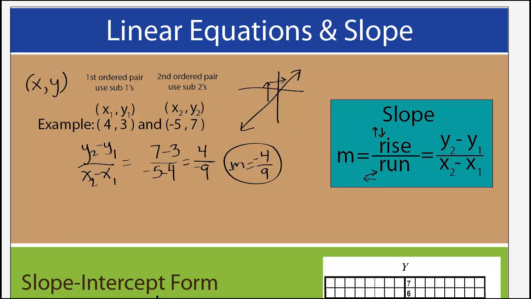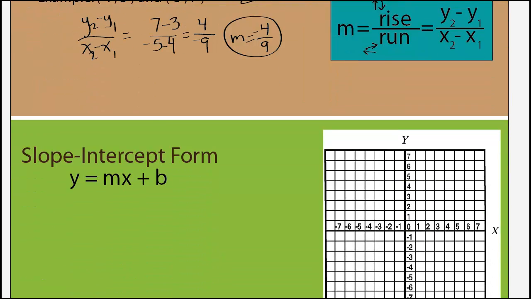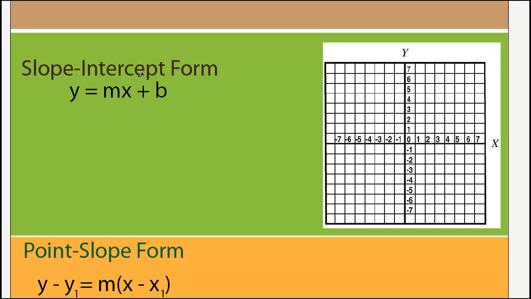We're going to continue on, so let's come down here. We have this form that's called slope-intercept form. Again, you see this m, that's our slope, and it says it right in the name. Then this b here is our y-intercept, where it crosses our y-axis.